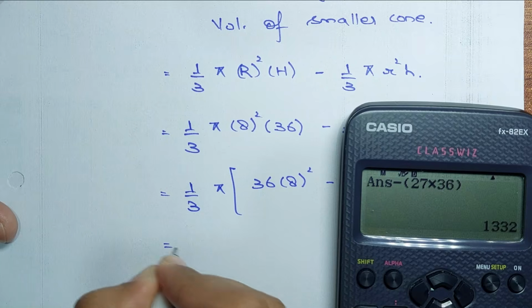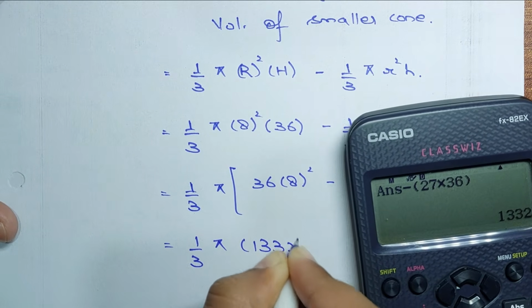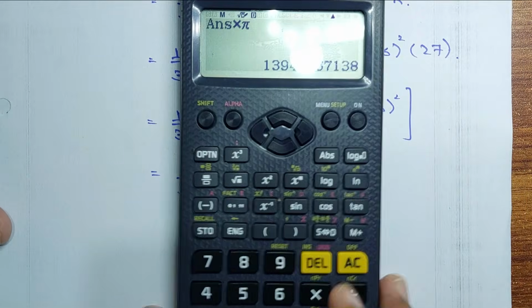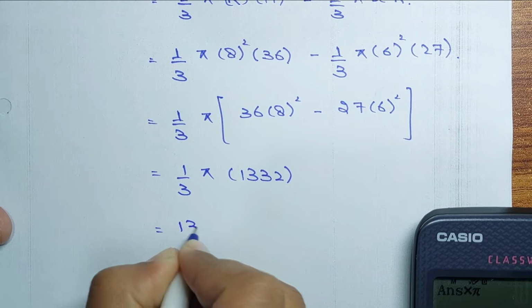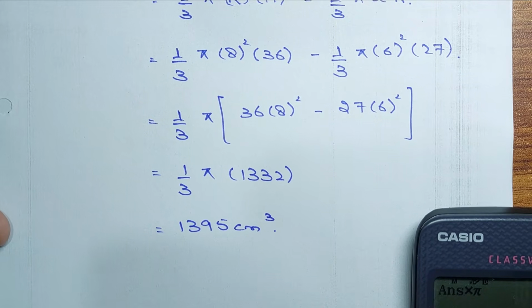This is 1332, so 1 by 3 pi times 1332, divided by 3 and times pi, gives 1394.8, 1395 we can say. 1395 centimeter cube. So that's the volume of the frustum.